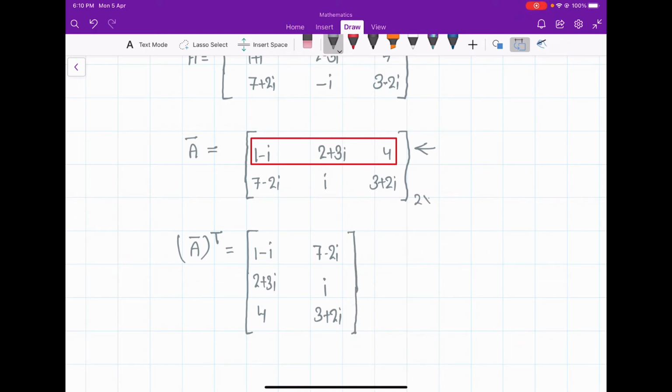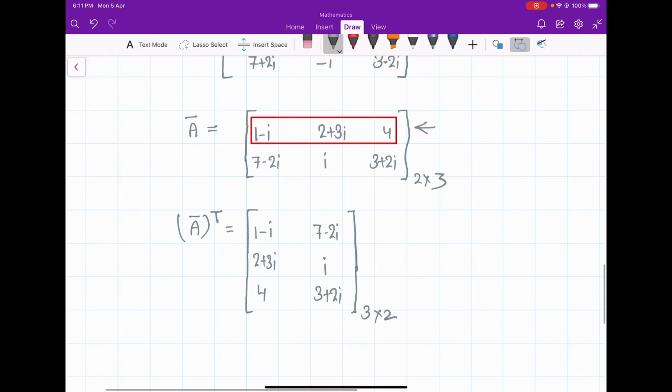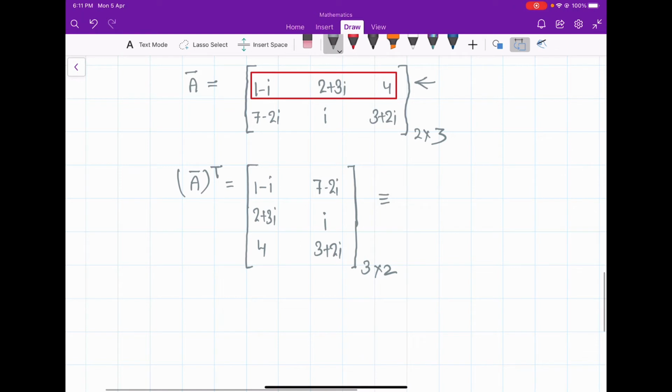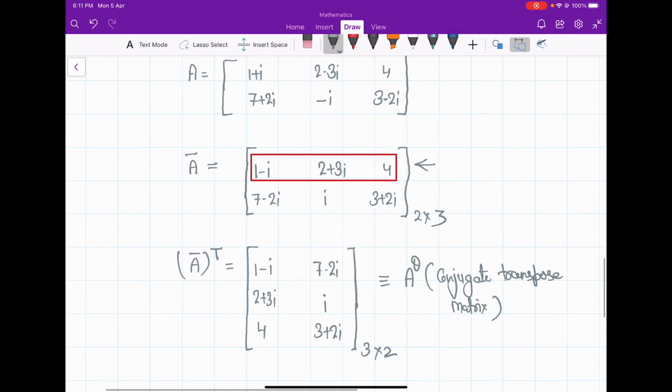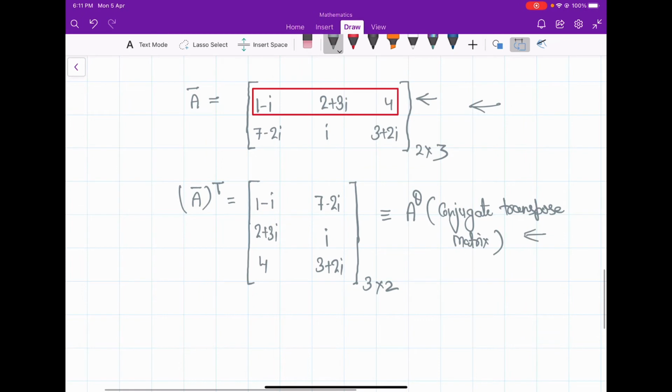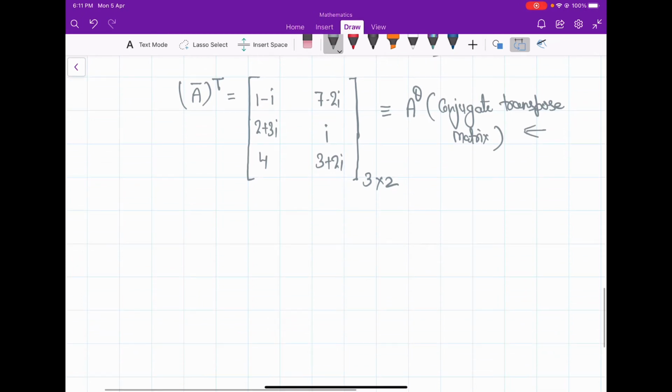The original order is 2 cross 3, so here it will be a 3 cross 2 matrix. This is the conjugate transpose matrix, also known as the A theta matrix. This is the method to find the conjugate transpose of a given matrix: first take the conjugate of the matrix, then the transpose of the conjugate matrix.